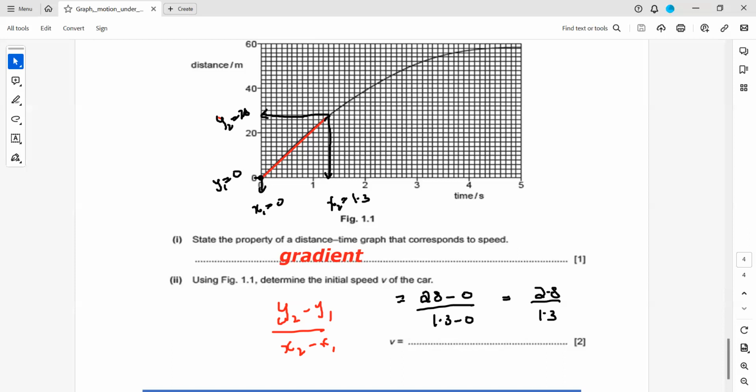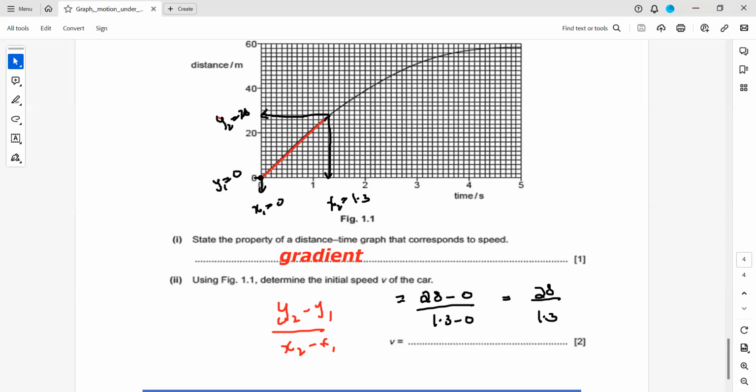So 28 divided by 1.3. What's the answer? Whenever you see a question which has a graph, you're supposed to use the graph here.